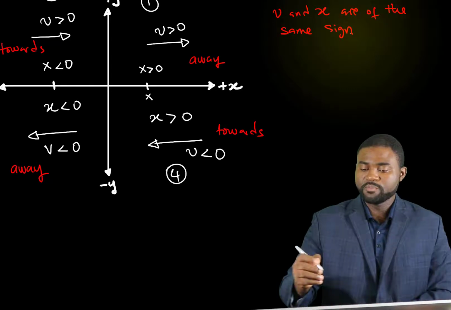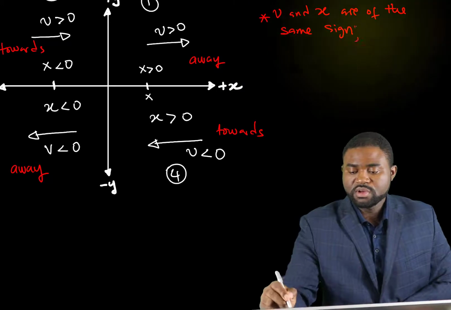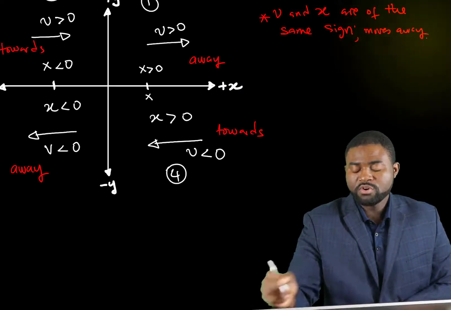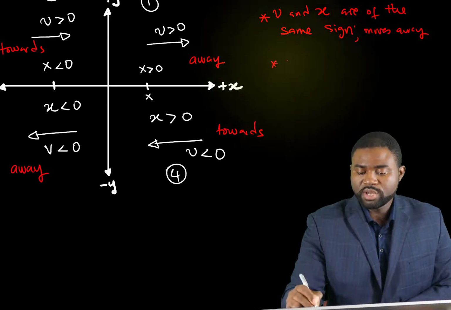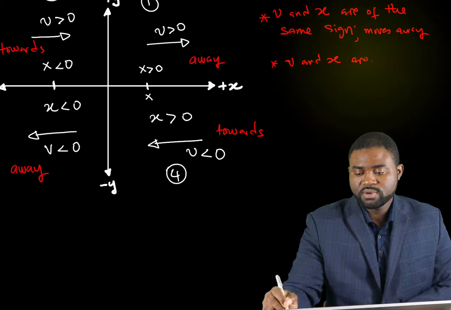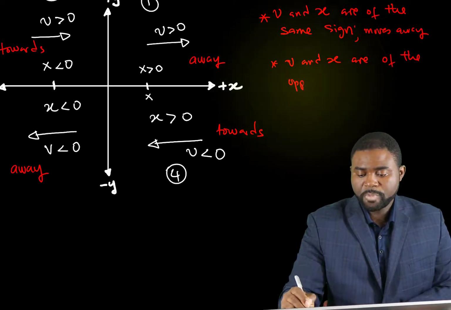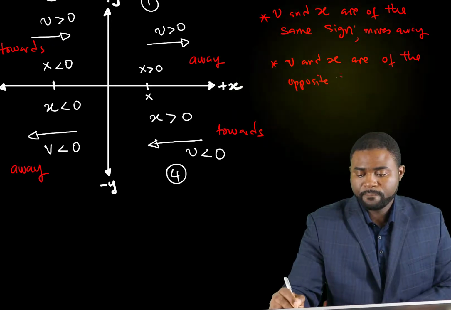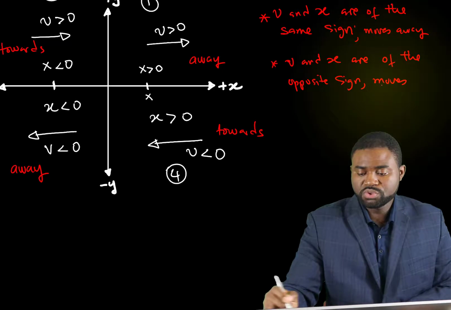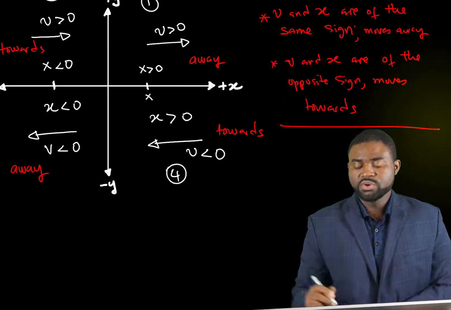Let me say that again. When x and v are of the same sign, the object moves away from the origin. But when v and x are of the opposite sign, the object moves towards the origin. Towards the origin.